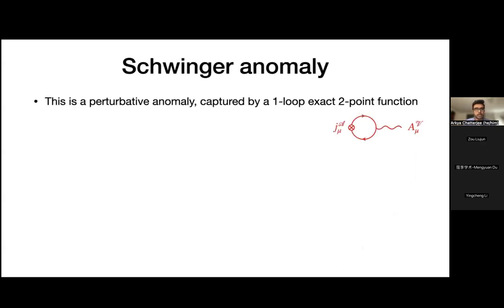So this anomaly is a so-called perturbative anomaly in the sense that it's captured by a Feynman diagram, namely this. In this particular case, I've chosen to represent this as coupling the theory to a vector gauge field and computing the current correlation function.